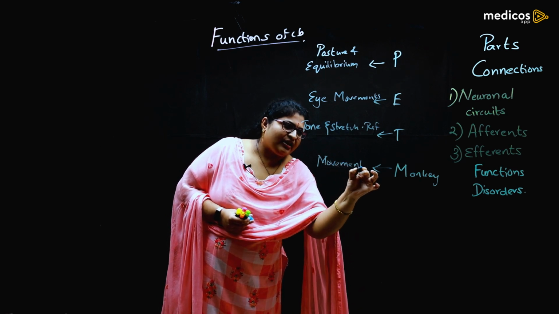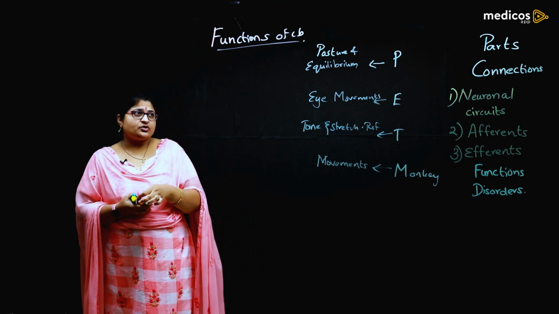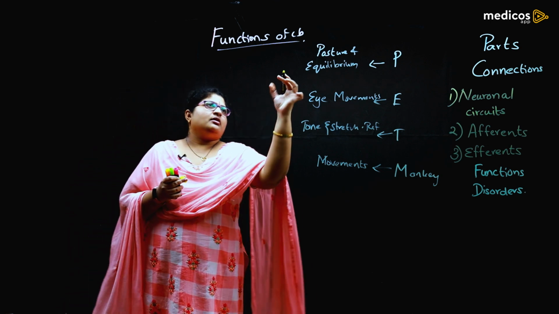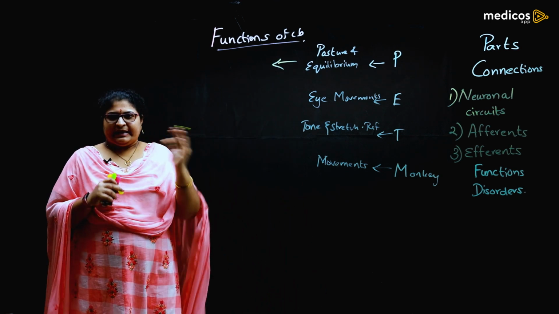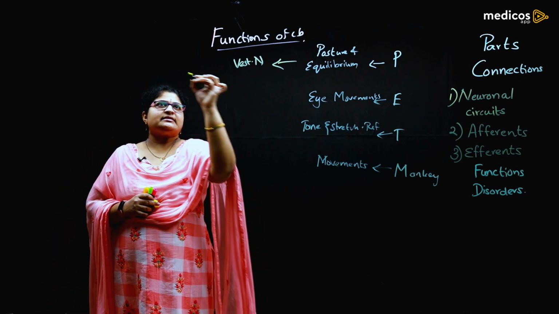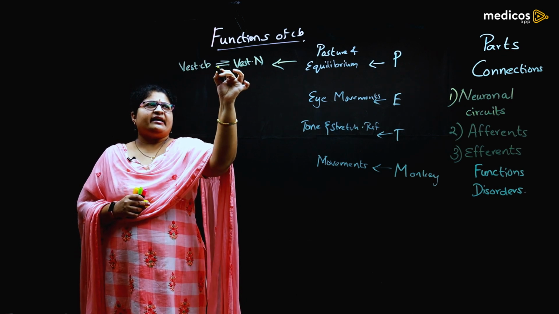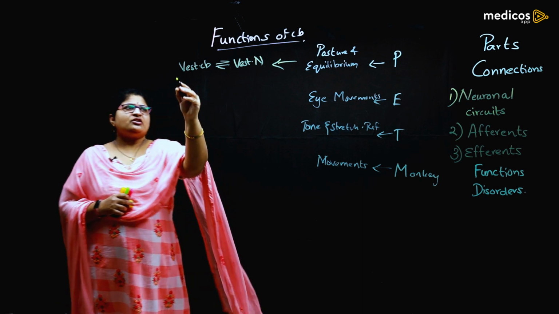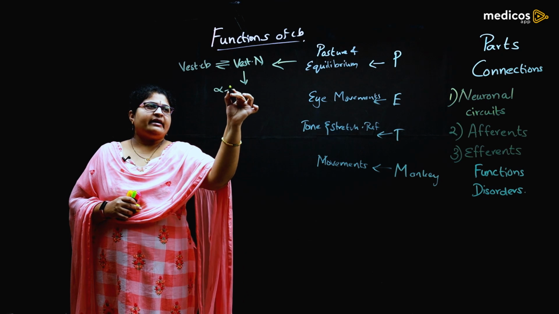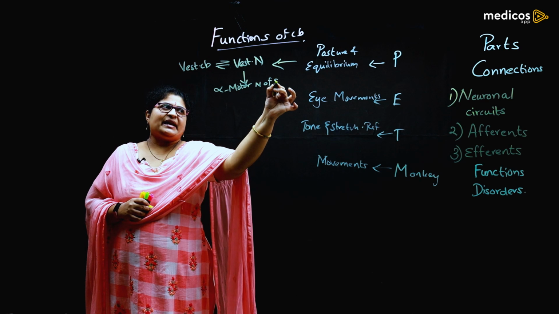Let's discuss one by one. So first one is control of posture and equilibrium. How is it going to do this? There are to and fro connections between the vestibular nucleus and the vestibular portion of the cerebellum. Because of these connections, the vestibular nucleus has direct influence over alpha motor neurons of the spinal cord.